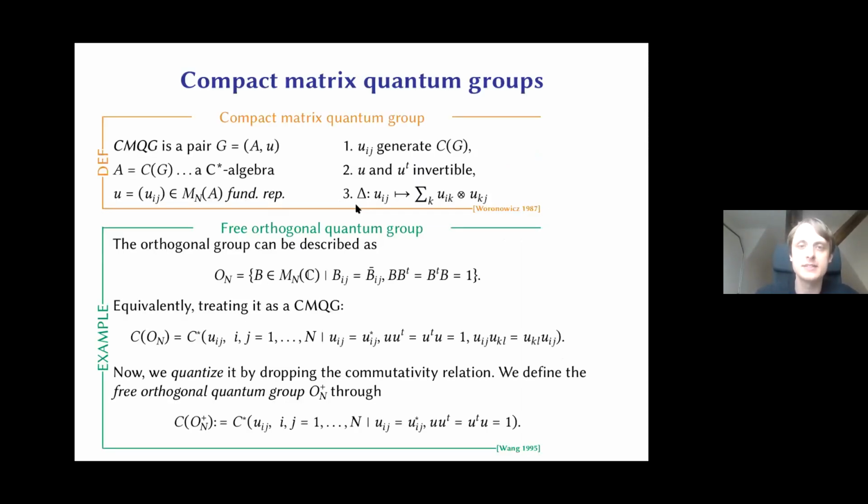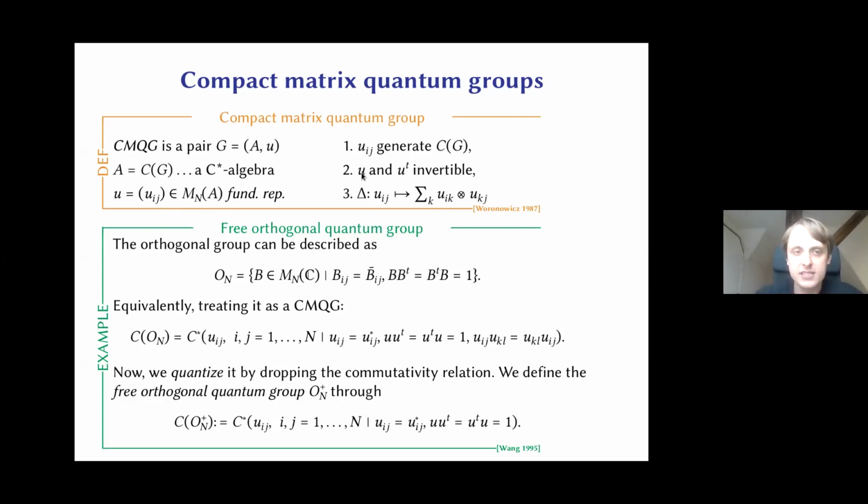Okay, so the first part, compact matrix quantum groups and diagrammatic categories. I guess most of you know what quantum groups are. I'm in particular working with those compact matrix quantum groups, but anyway, I put here this brief definition just to recall it. For me, a compact matrix quantum group is a pair of a C-star algebra A and some matrix with entries in this C-star algebra, such that those entries generate the whole C-star algebra.